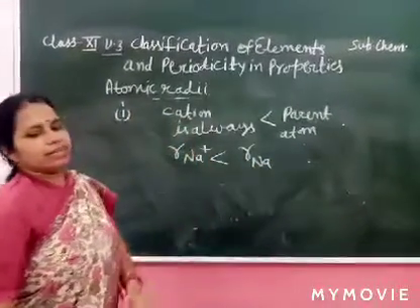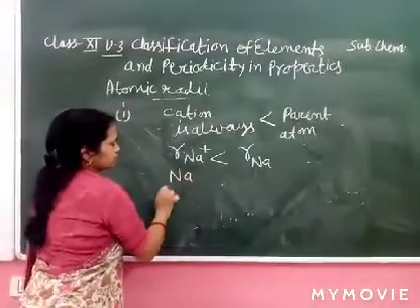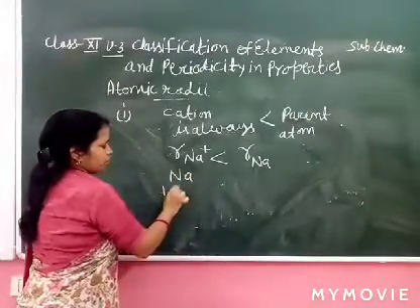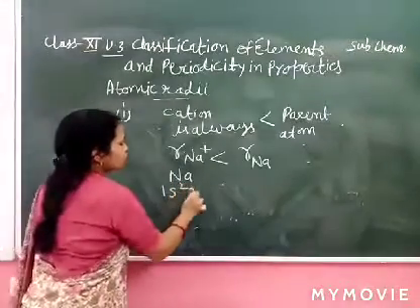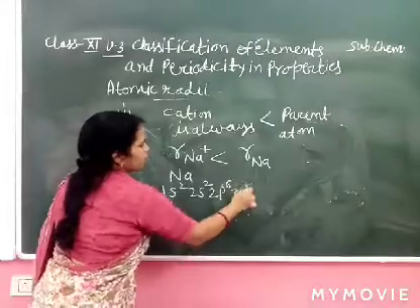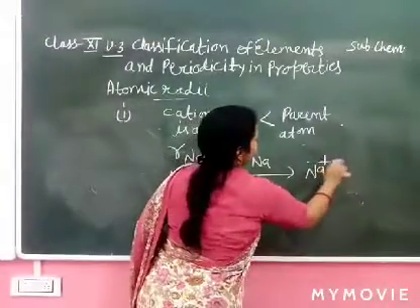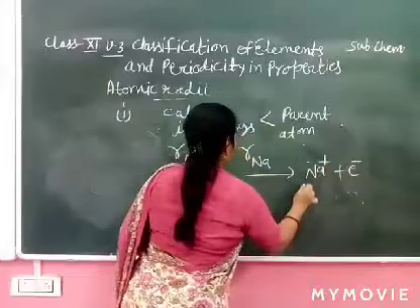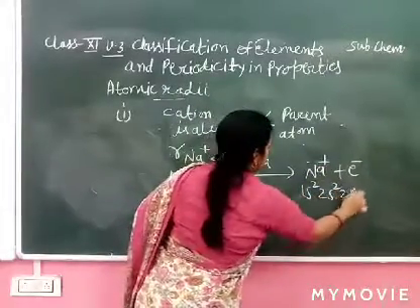What happens in a cation? Let's see. Sodium, what is the configuration? Electron configuration 1s2, 2s2, 2p6, 3s1, and it converts into Na+ with 1s2, 2s2, 2p6.